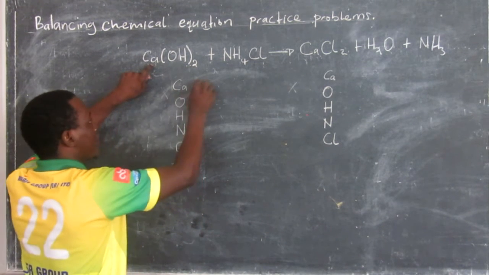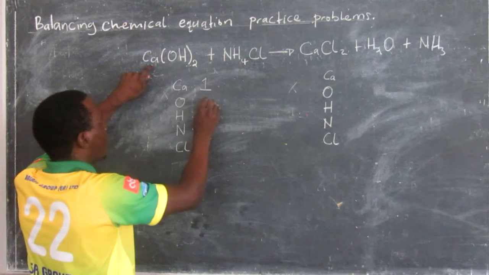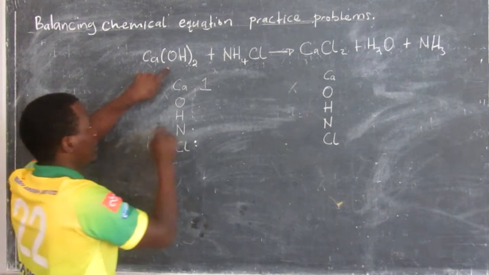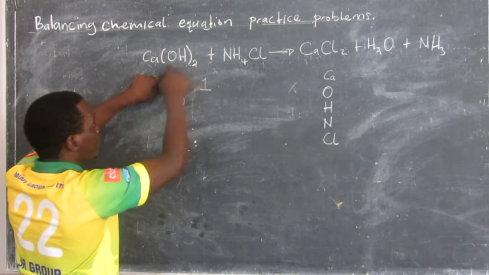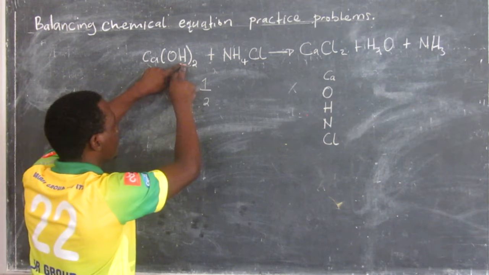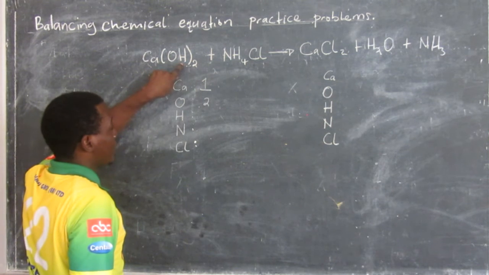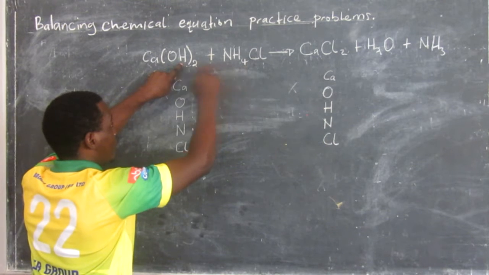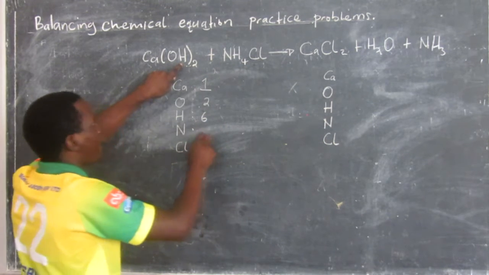Here in this case we have 1 calcium, oxygen. Remember the number outside here multiplies each and everything in the bracket, meaning that we have 2 times 1, those are 2 oxygens, 2 times 1, that's 2 plus 4, those are 6 hydrogens.